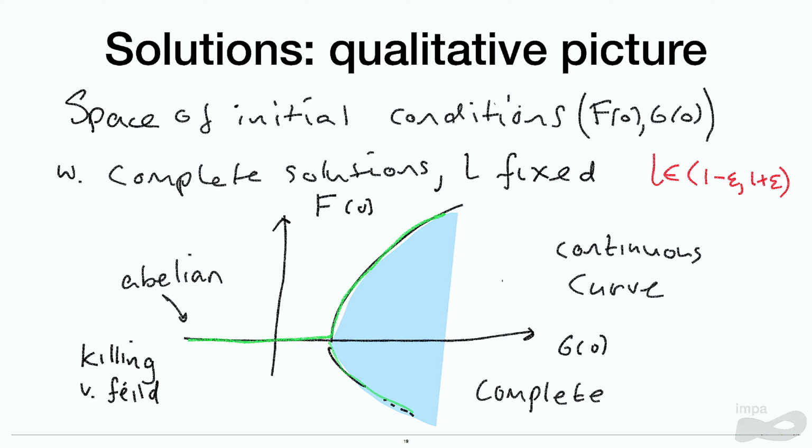And then this intersects another curve. It's actually continuous. And solutions to one side of this curve exist for all time. And solutions to the left of this curve, apart from these abelian ones, blow up either at infinite time or at some finite time.